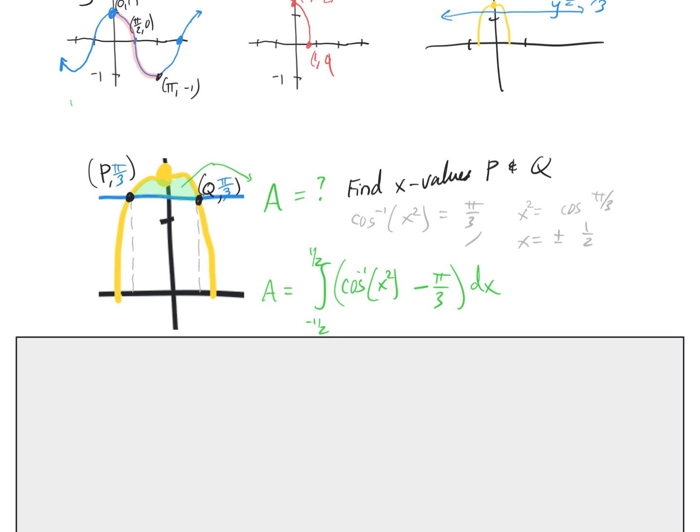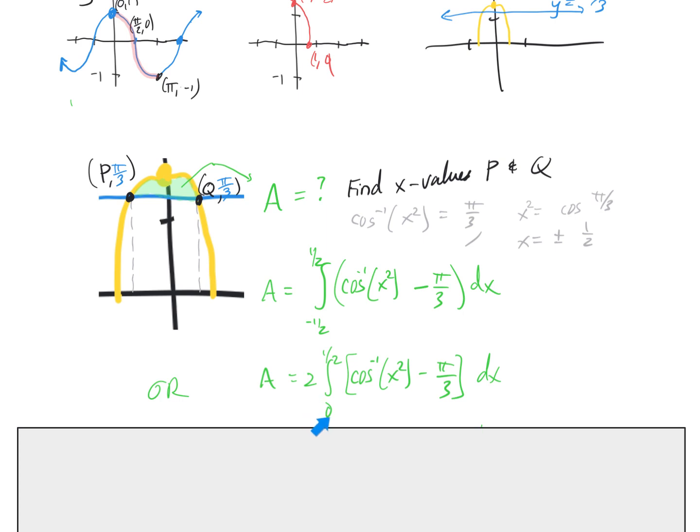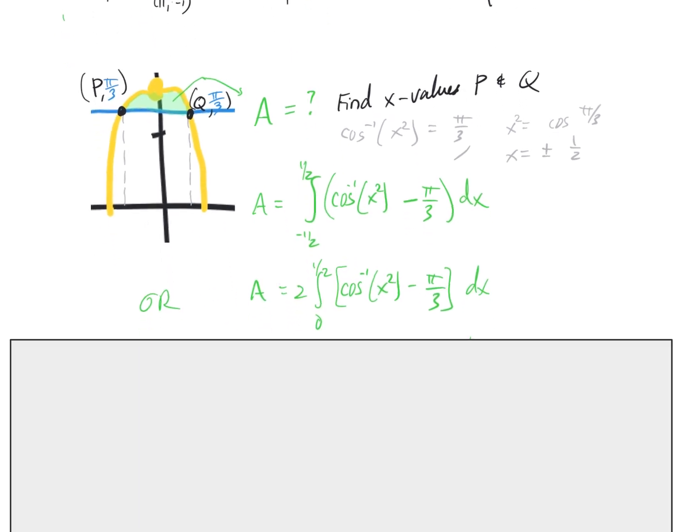So there's a lot of ways we can write this one. We could say from negative 1/2 to 1/2, do the definite integral of the cosine function, which is the yellow one, minus the blue function, which is pi over 3, and that would do it. Just as correct would be if we had gone from 0 to 1/2 and just did the right half and then doubled it. That would be fine. We could separate the integrals if we wanted.